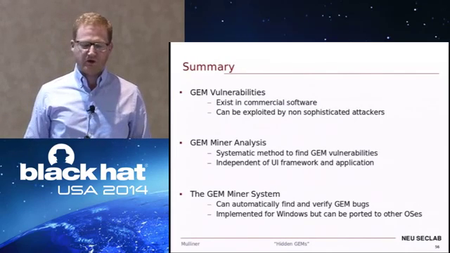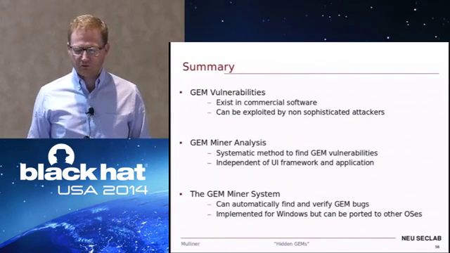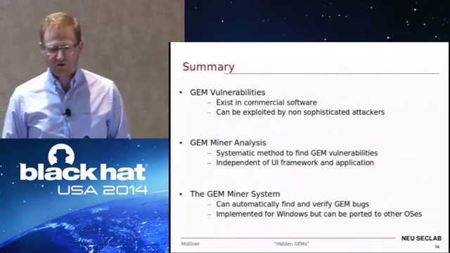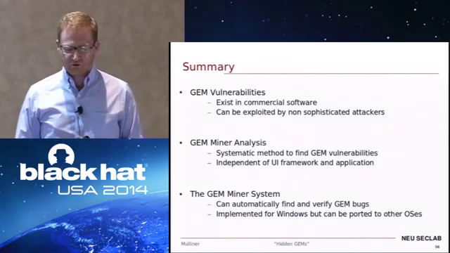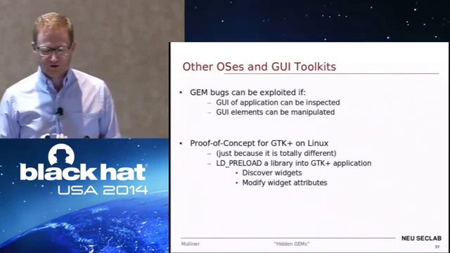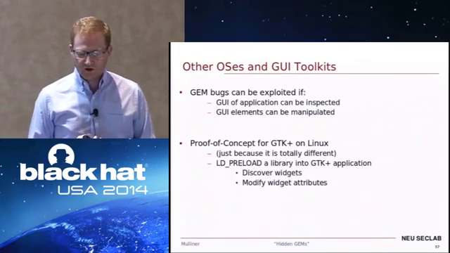With the system, we managed to automatically find a bunch of bugs. Right now it's obviously implemented for Windows, but I think you can port it to some other operating systems. And actually, we also looked a little bit at other operating systems.